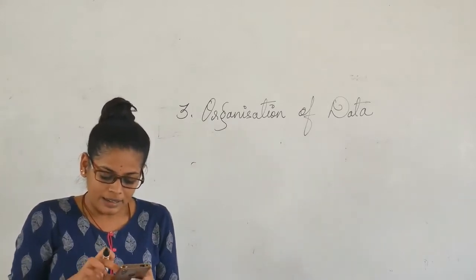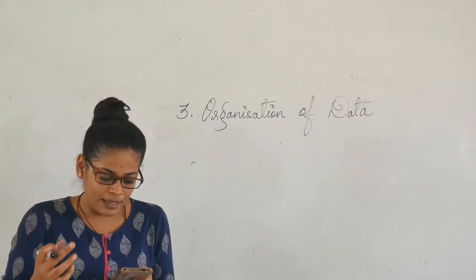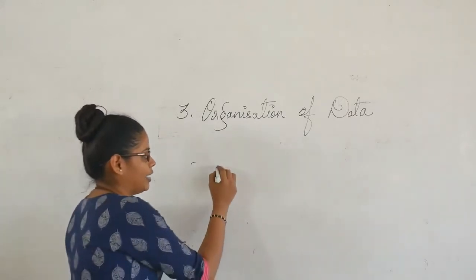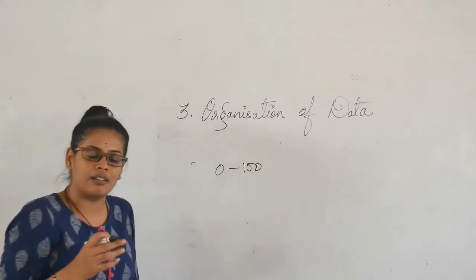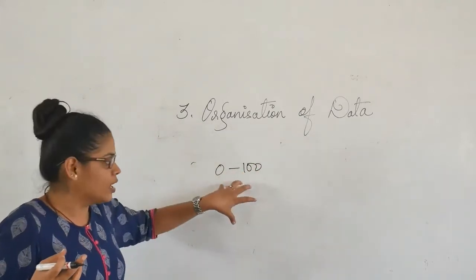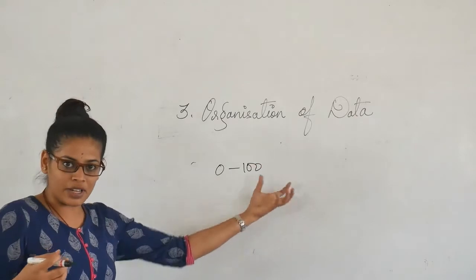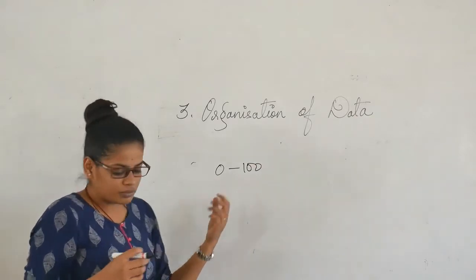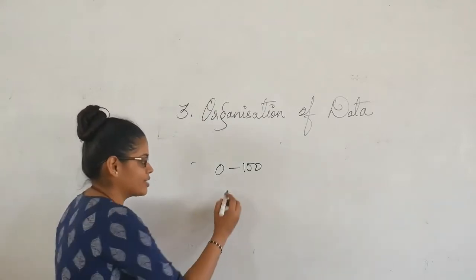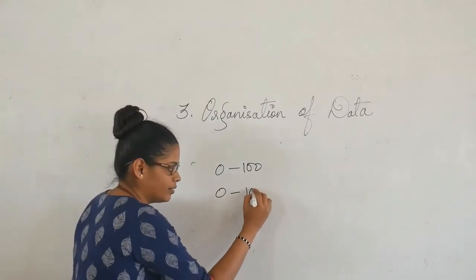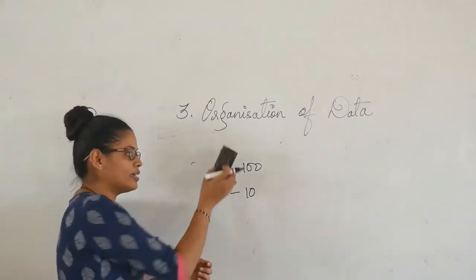So for us in our example, we had 0 to 100 as the marks scored by the students in the mathematics subject, for example. So the first class becomes 0 to 10. Why?